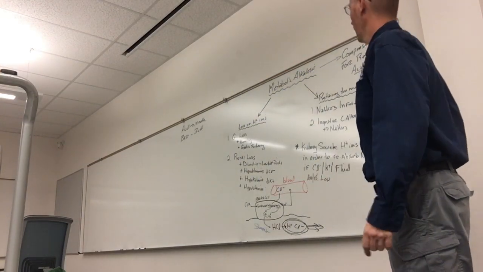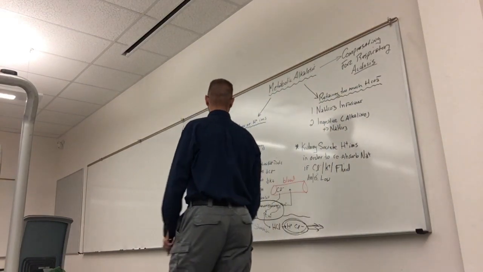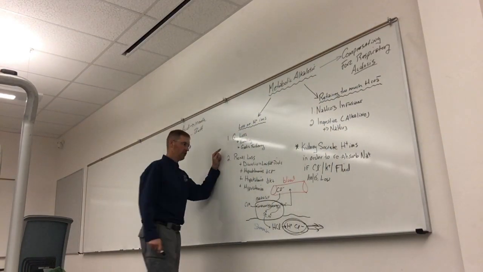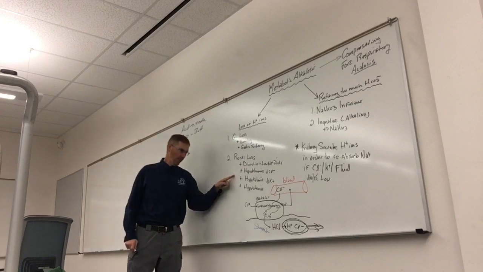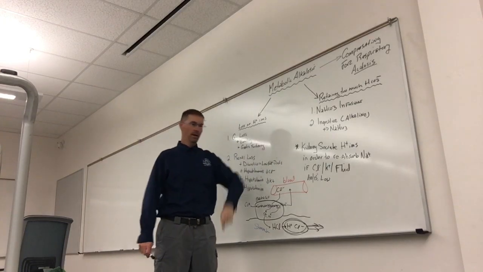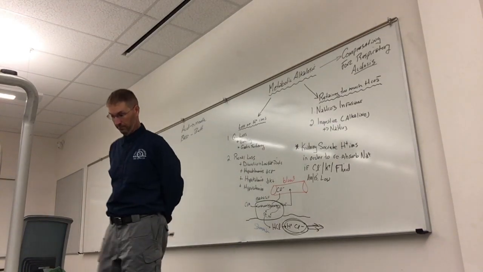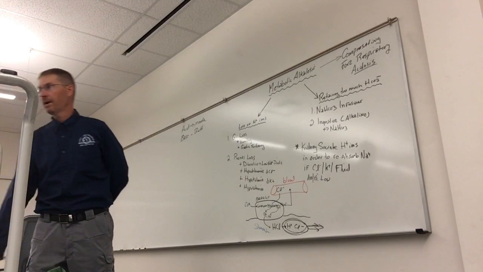But as a primary problem, these are the things you want to think about: vomiting, gastric suctioning, diuretics, hypochloremia, hypokalemia, hypovolemia, and excessive intake of alkaline solutions. You guys okay with that?